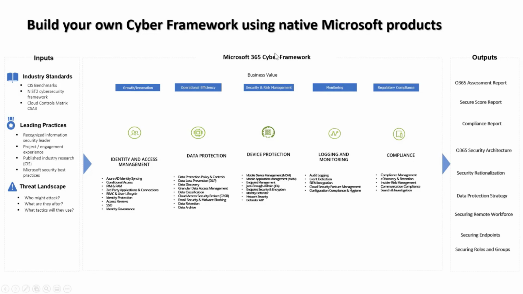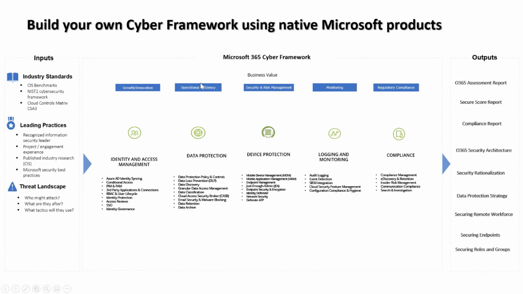On my left hand side, I have the inputs, right? It could be things such as CIS benchmark, NIST. These might all be very new to you if you're not doing cybersecurity, but these are the inputs that you need to think about. I'll be sharing what I mean by CIS, what I mean by NIST, and so on, but just think of these as the inputs.